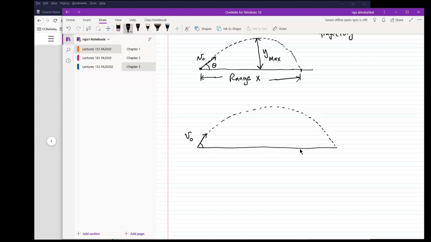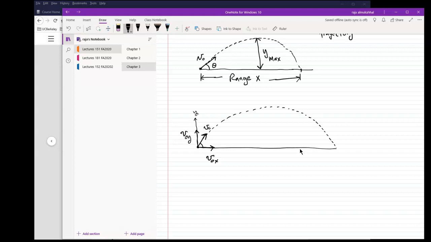Because this is the vector, think of this as the x-axis right here, and this is the y-axis like that. This x component of the velocity will look something like this. This is v0x, and this is v0y right here, okay? Let me clean it up a little bit. This is v naught y. I'm going to put v naught right here, like that.